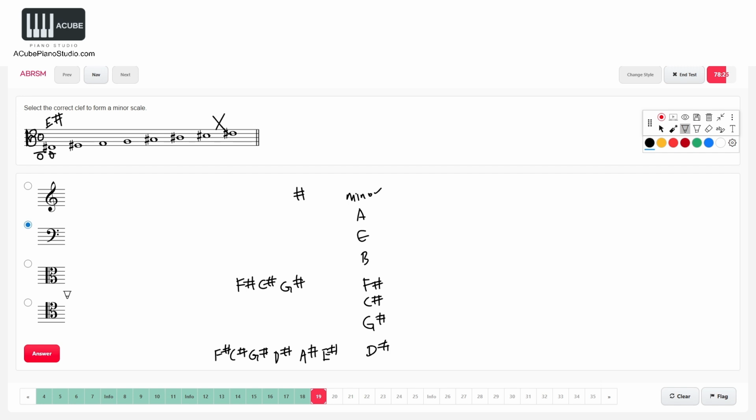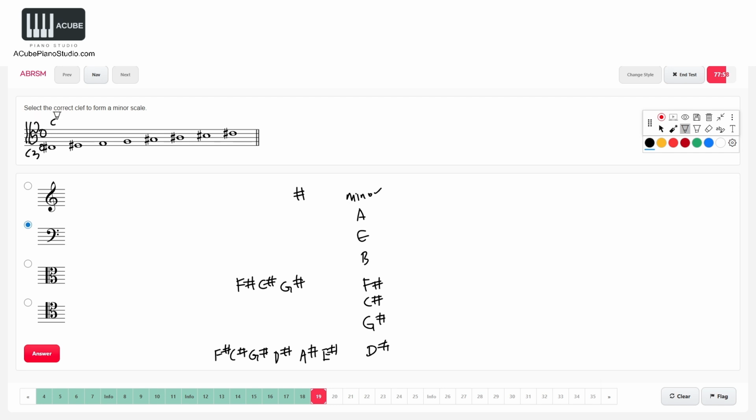Now let's take a look at this one. Let's move on to our tenor clef. If we have tenor clef, this will be middle C, and this one will be a C that is 1 octave lower, the C3.